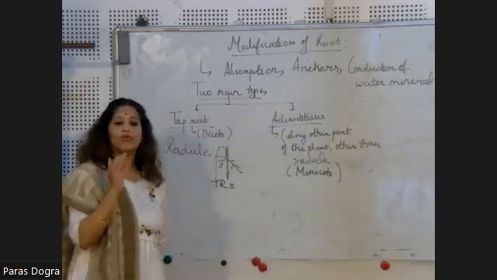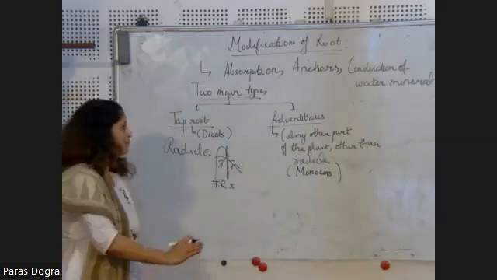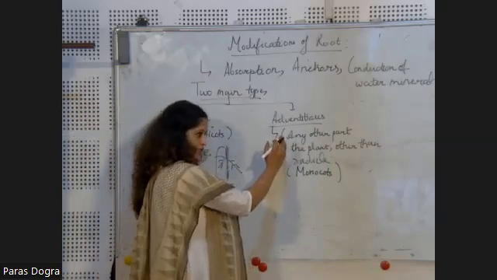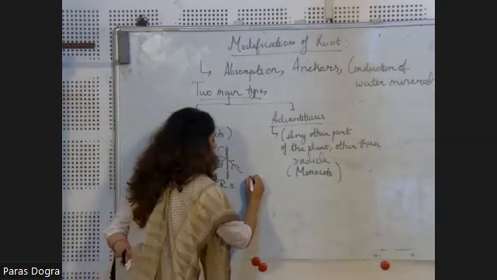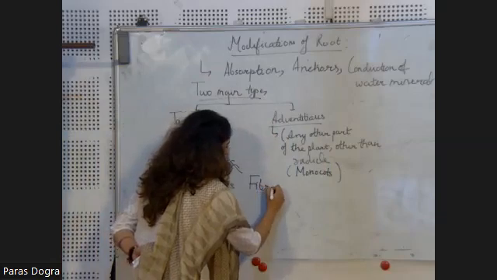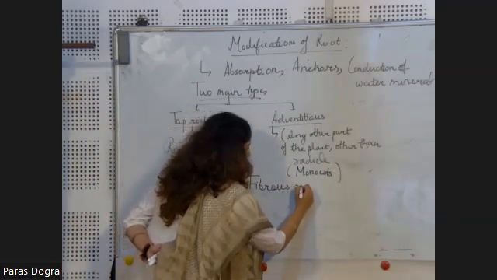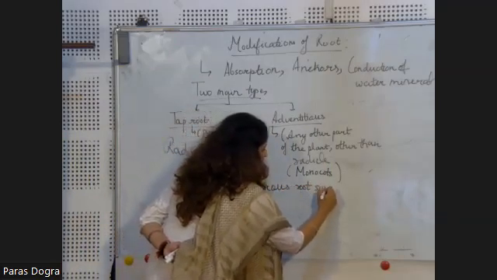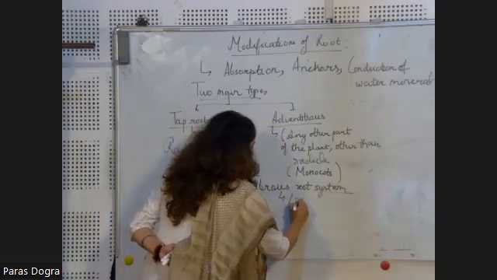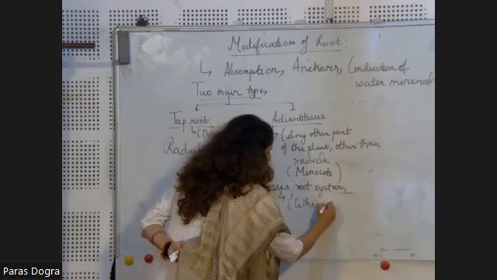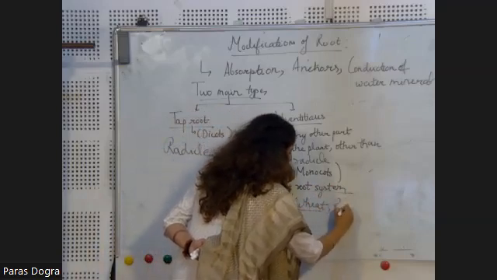A third kind of root system, which is at times included in adventitious root system and at times separated from it, is called fibrous root system. Fibrous root system is mostly seen in grasses, especially in our very important economic crops, wheat and rice.